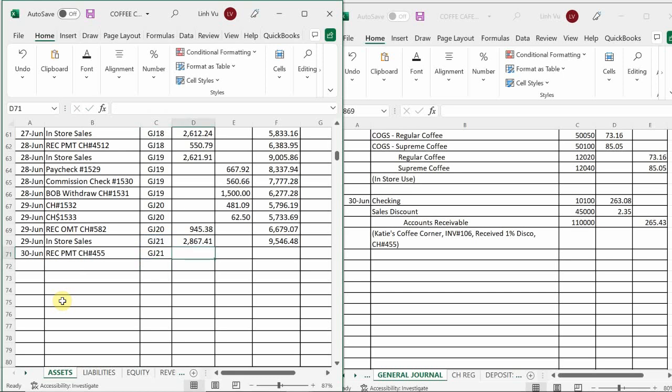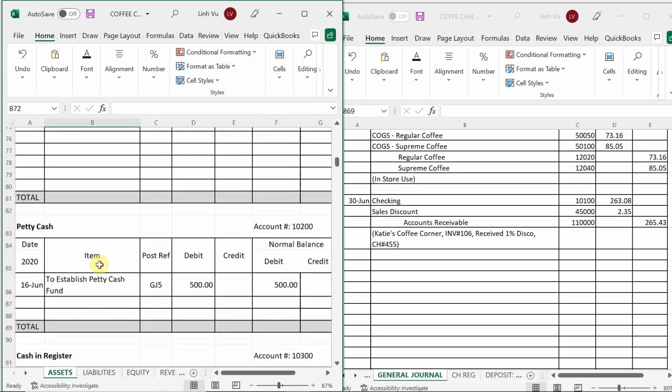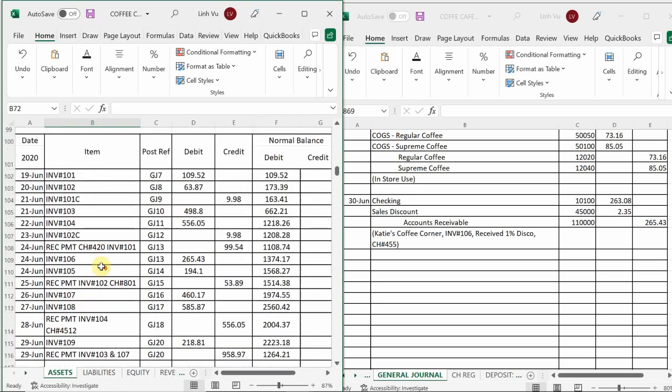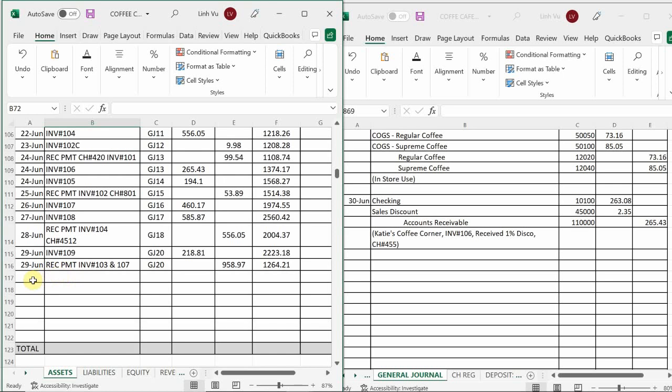General Journal 21 for the $263.08. So that should increase your checking account to a total of $9,809.56.